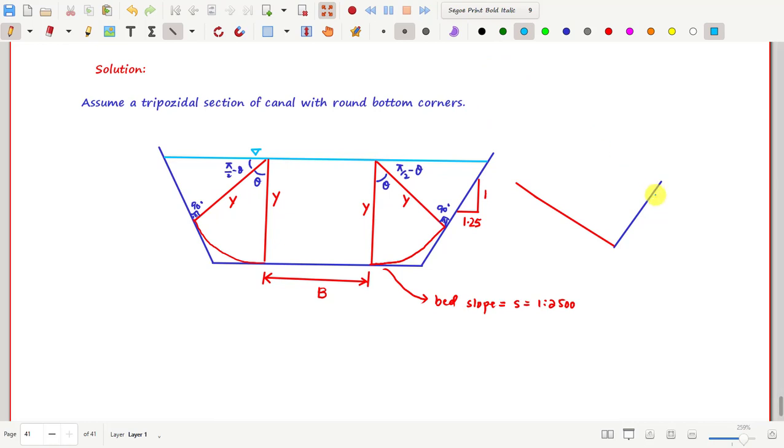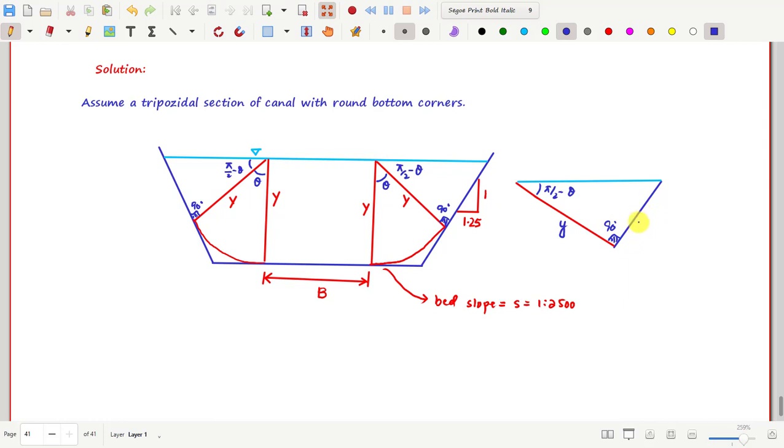And then this blue line is combining these two lines. It is something like this. So this angle is pi by 2 minus theta. This is equal to y, and this angle is 90, right?